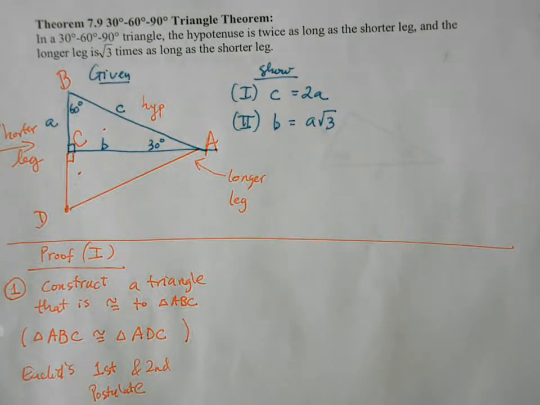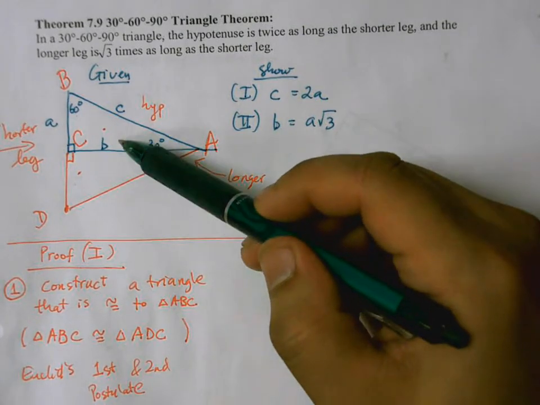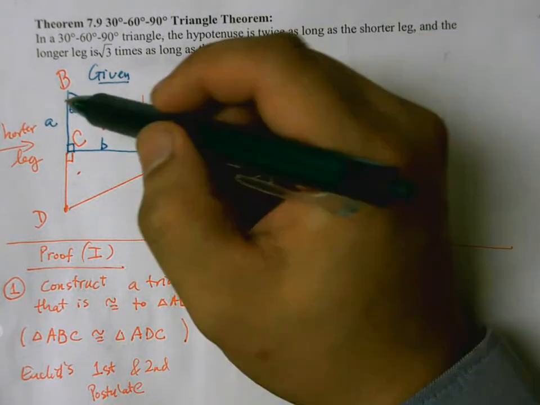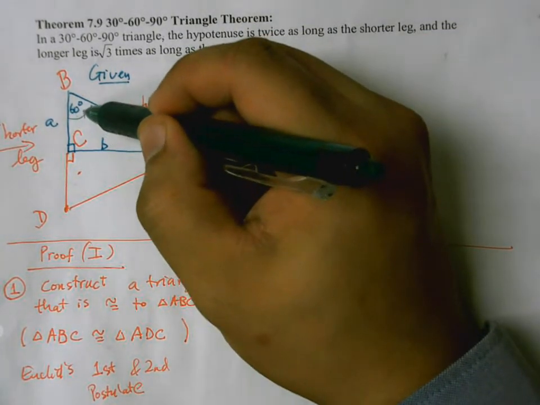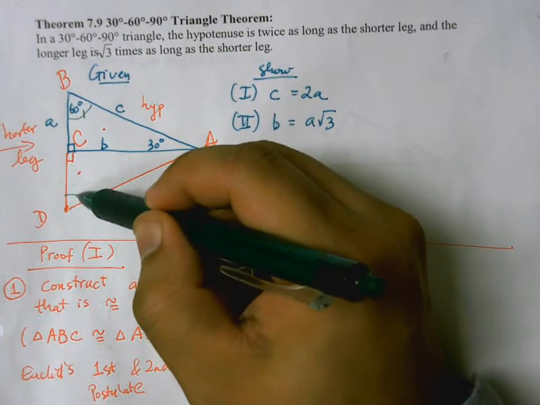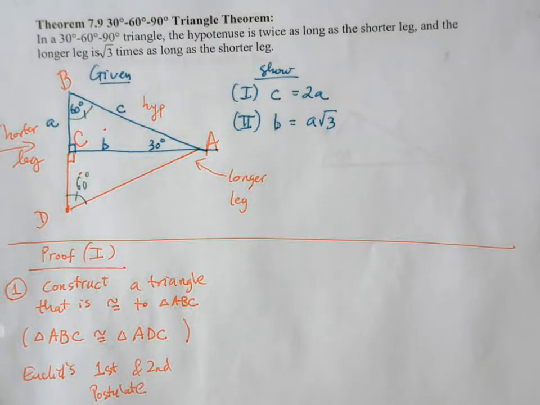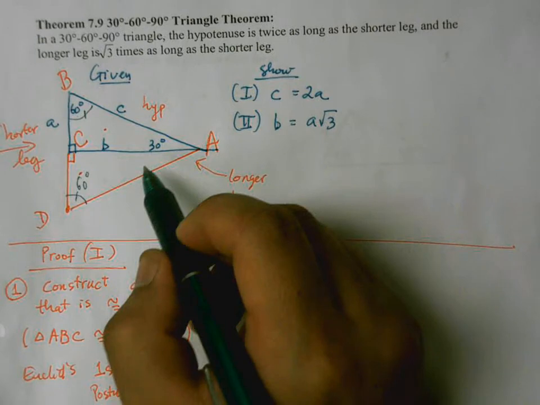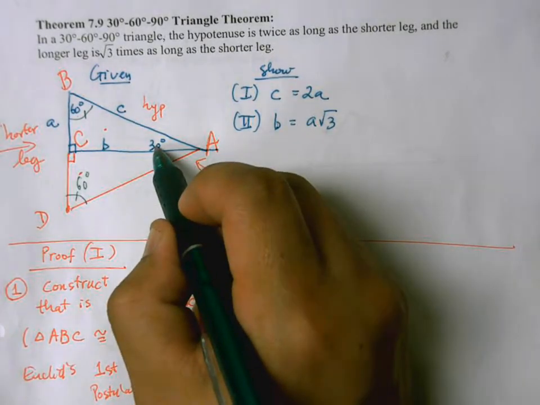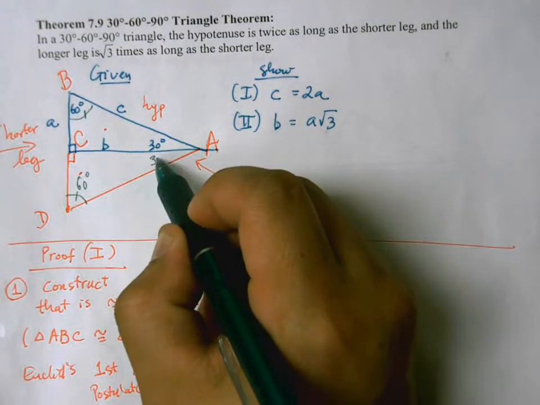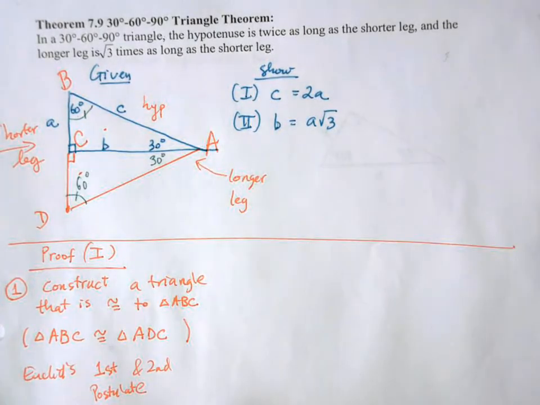Now it's important to make some observations here. If these two right triangles are congruent, then this angle up here is congruent to this angle down here, so they are both 60 degrees. Next, this angle here is 30 degrees, so this angle down here is also 30 degrees.